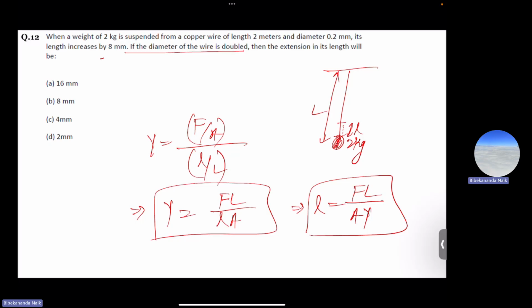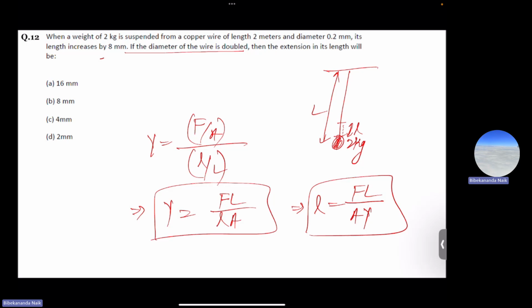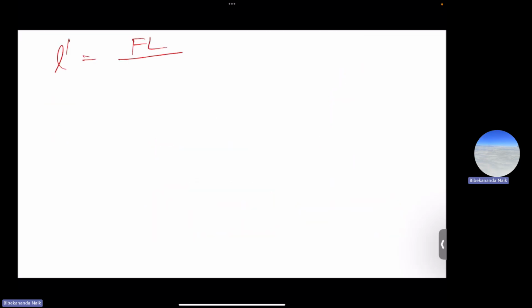So again l prime will be F prime L prime divided by A prime Y prime.